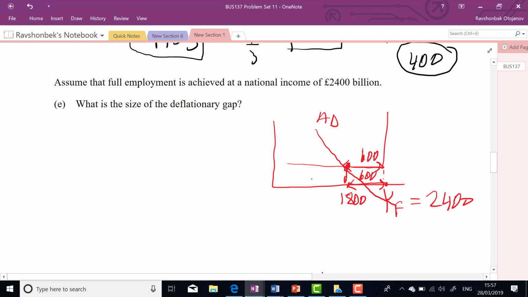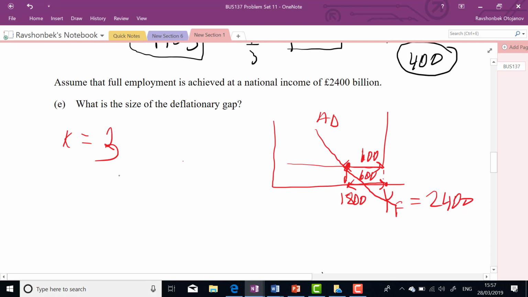Now, however, the answer is not this. Here the question is asking, how much do we have to inject in the economy such that we get a 600 increase in income, given that the government expenditure multiplier is 3?